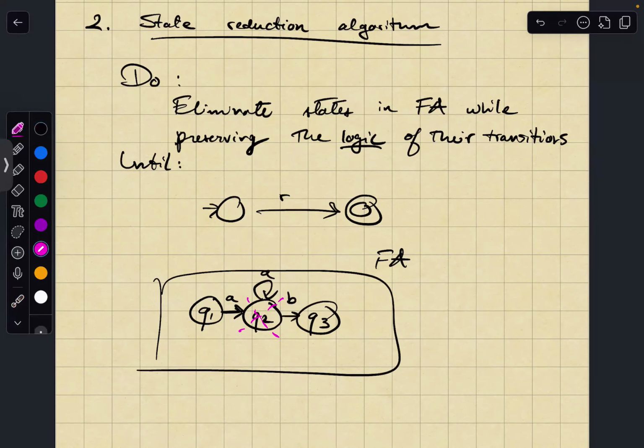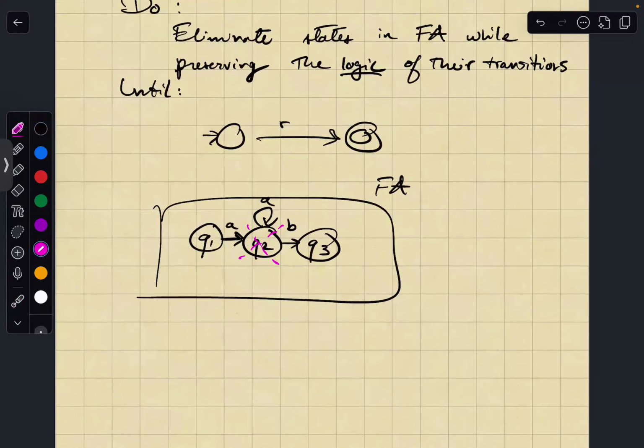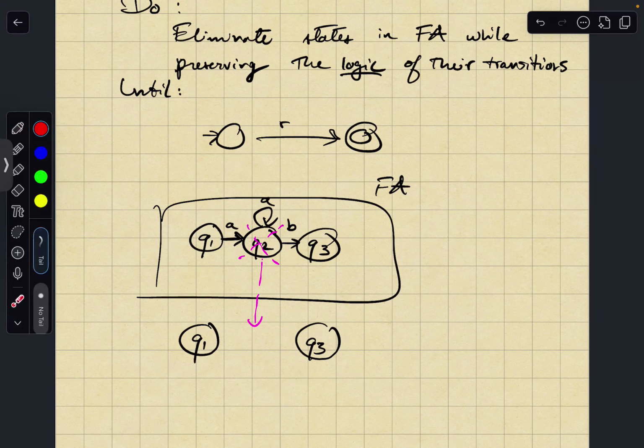Well, the crux is that you use regular expressions as the labels of the transitions. So when you eliminate this, there's still going to be a transition from Q1 to Q3, but now it's going to be represented using a regular expression. In this case, it's the regular expression that recognizes strings that look like A, any number of A's, and then B, because that's the logic Q2 is allowing.